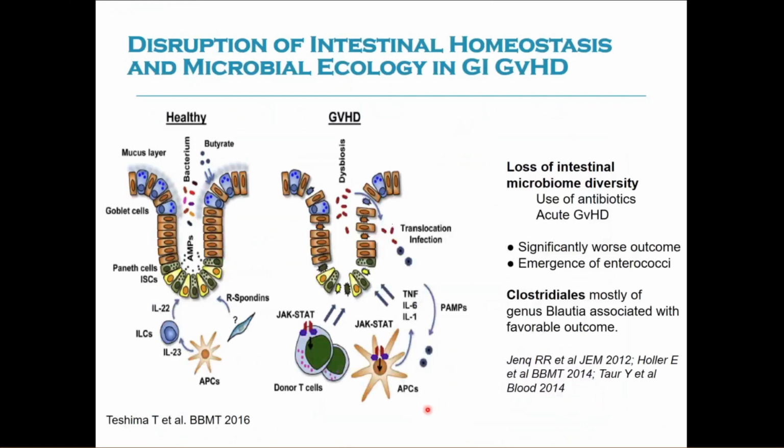As the disruption of the intestinal homeostasis and the microbial ecology in GVHD plays a major role, it has been shown that the loss of intestinal microbiome diversity via the use of antibiotics and via acute GVHD results in a significantly worse outcome with the emergence of enterococci.